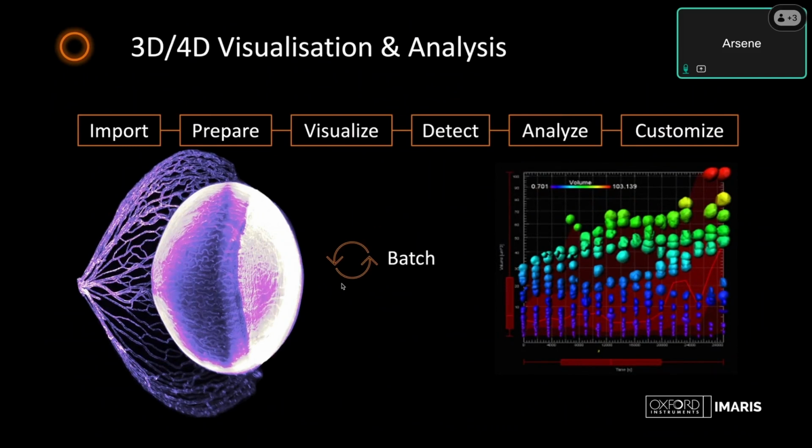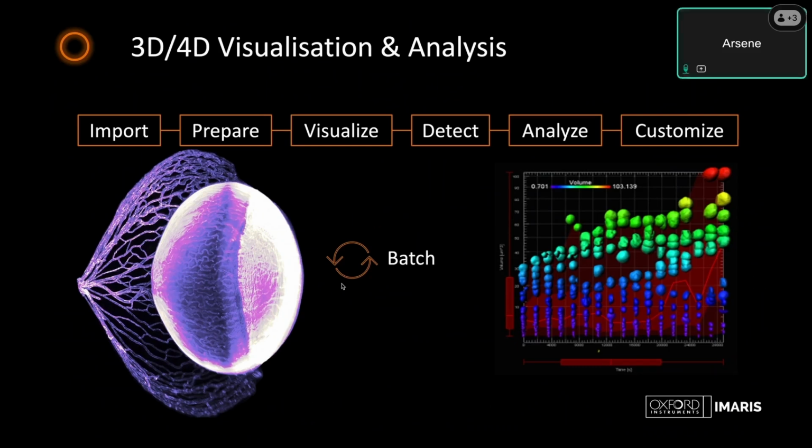And after visualization, if you need to extract some numbers for the structures or objects you are interested in, then we can go through the detect and analyze step. And in the end, if the default analysis functions cannot satisfy your research purpose, we also have customization functions which allow IMARIS to talk to other software like MATLAB or Python to customize your own analysis protocol.